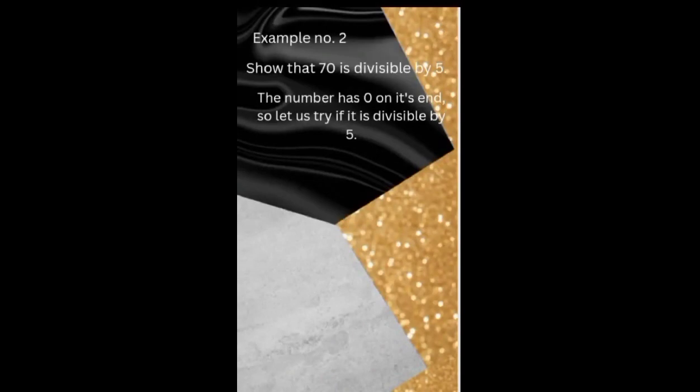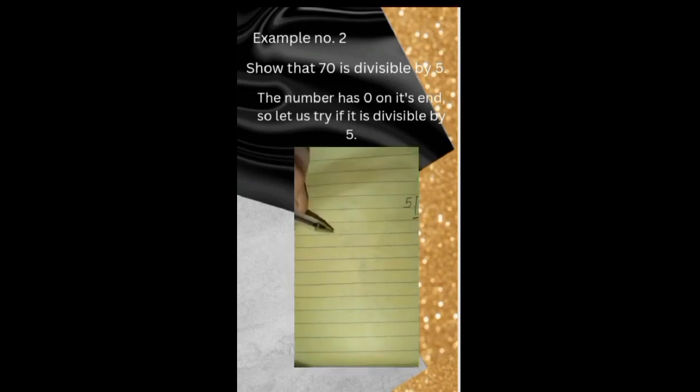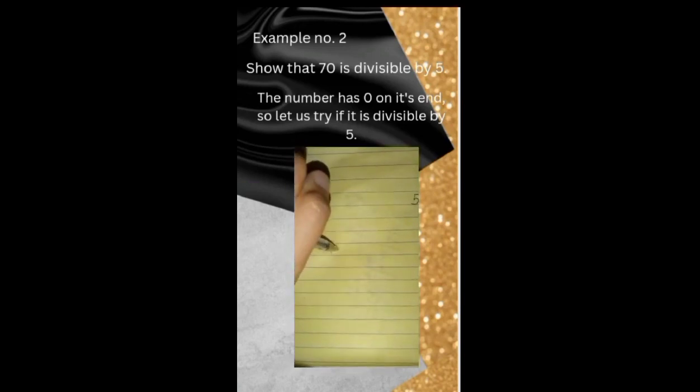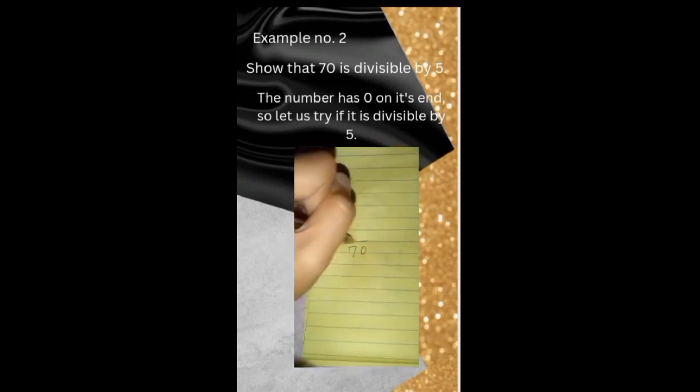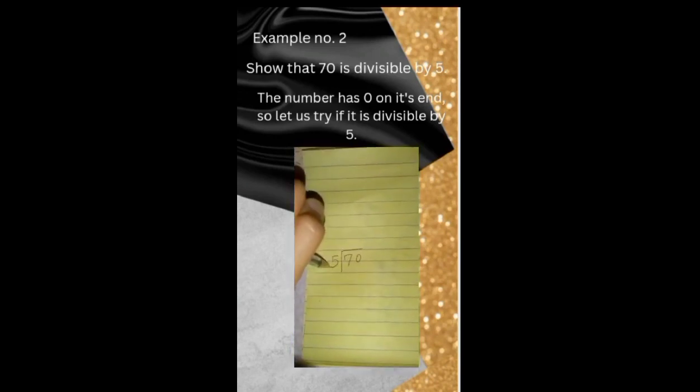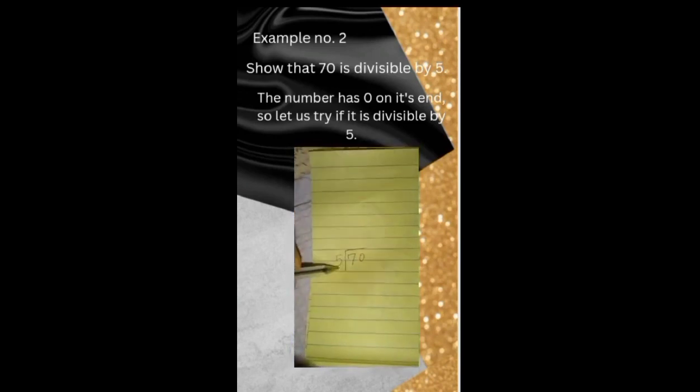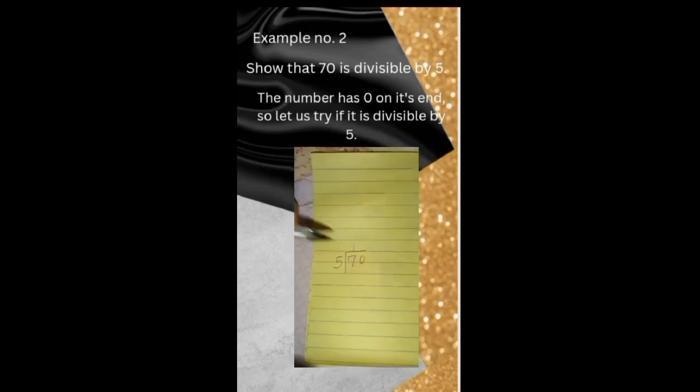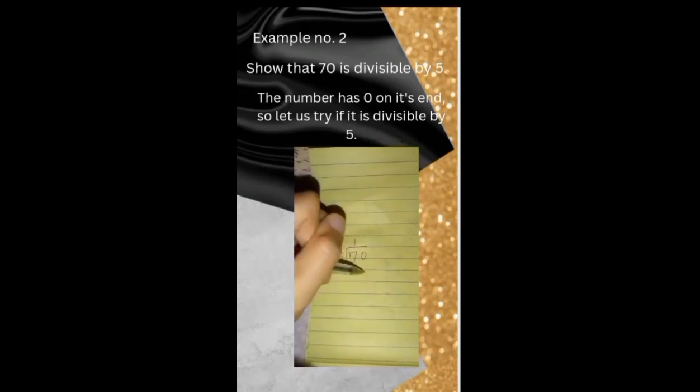So let's try example 2. Show that 70 is divisible by 5. The number has 0 on its end, so let us try if it is divisible by 5. 70 divided by 5. 7 divided by 5 is 1. 1 times 5 is 5. 7 minus 5 is 2.